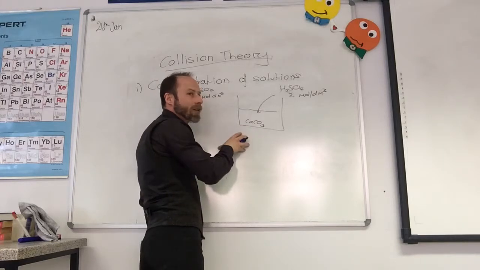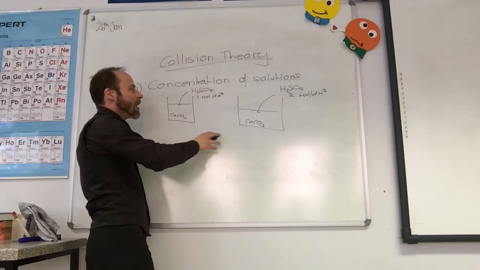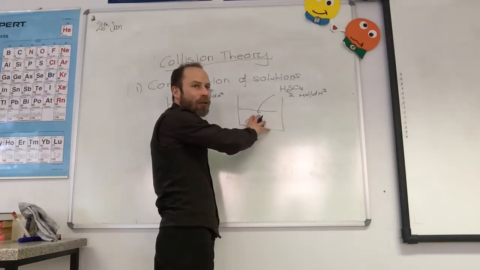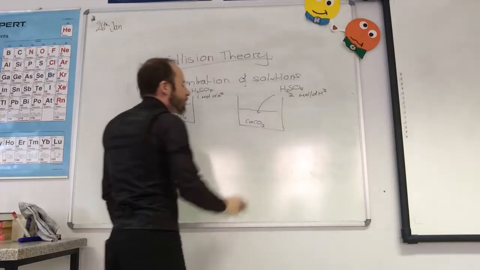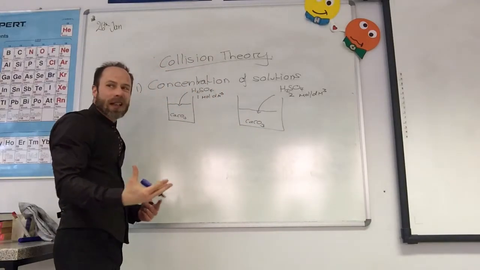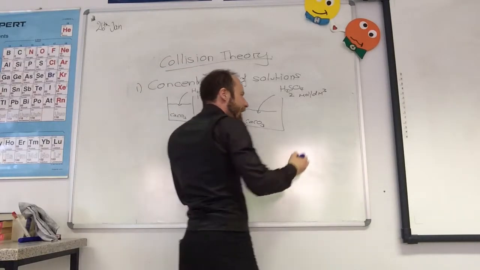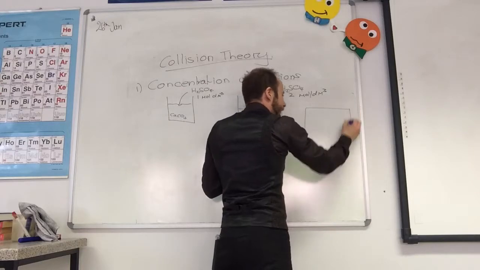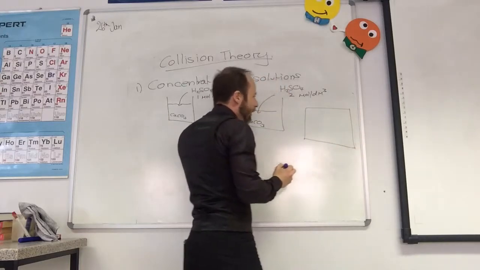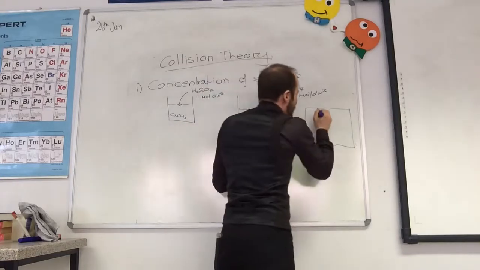Why will it be faster? Well, I'm going to have double the number of sulfuric acid particles in there, so they're far more likely to collide. So, what you may want to think about is use the party theory in terms of explaining collision theory. Let's say in the room we decide to have a party, okay? So, you're here, we'll probably have to be blindfolded for this to work.